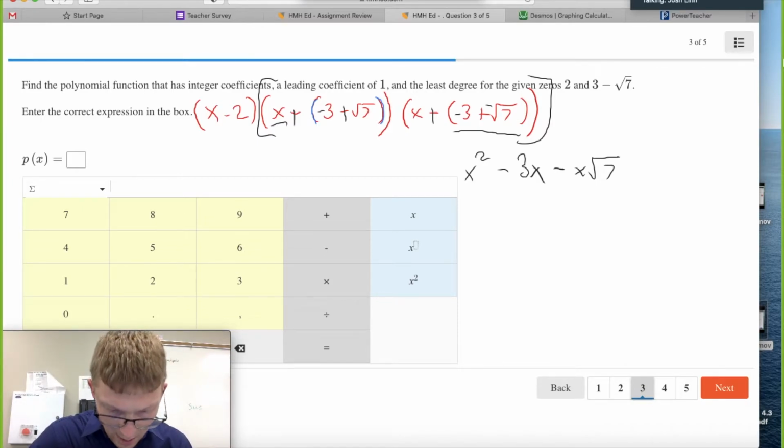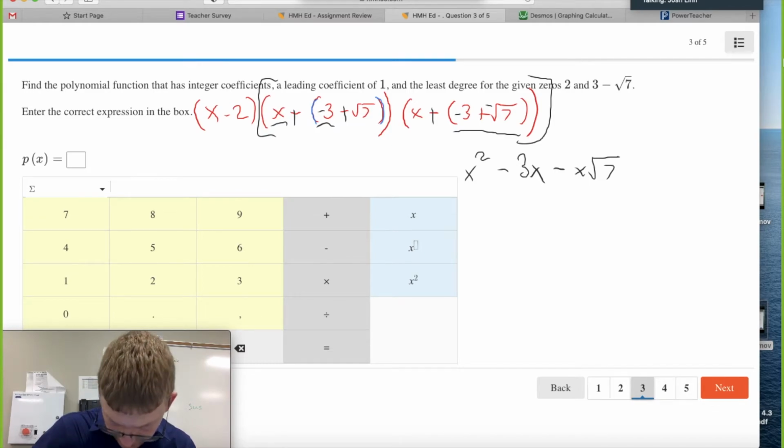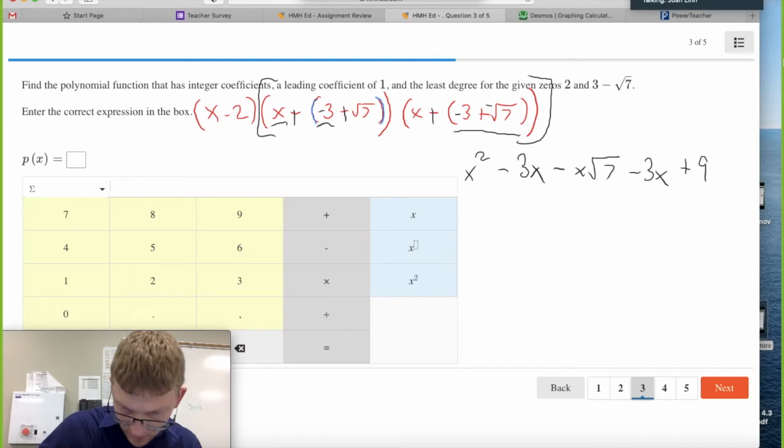So now the negative 3 gets multiplied by that second part. So we've got negative 3x, a positive 9, because negative 3 times negative 3, and a negative 3 times a negative square root of 7 is going to be plus 3 square root of 7. At this point, we're just going to leave it like that.